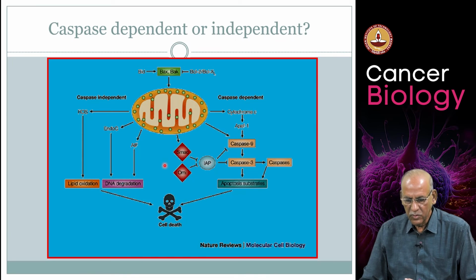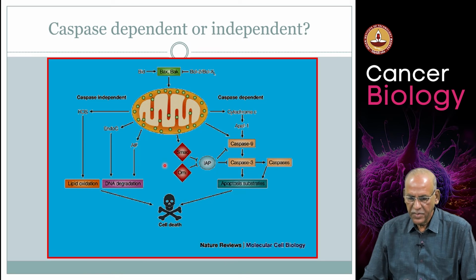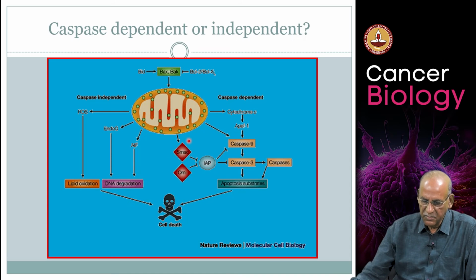Now, apart from those which we studied yesterday, there are a number of other molecules. One such molecule that comes out of the mitochondria is called SMAC. It is secondary mitochondrial activator of caspases. There is one more molecule called OMI.